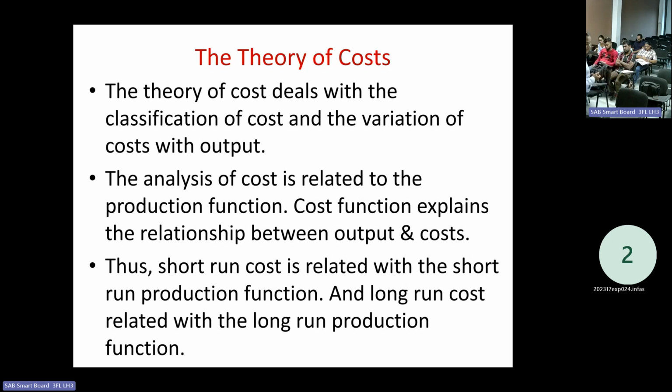That is very important. So identify these different forms of cost function in the short run and the long run. But all these cost functions depend on the output, on the production. Is it clear? Okay.